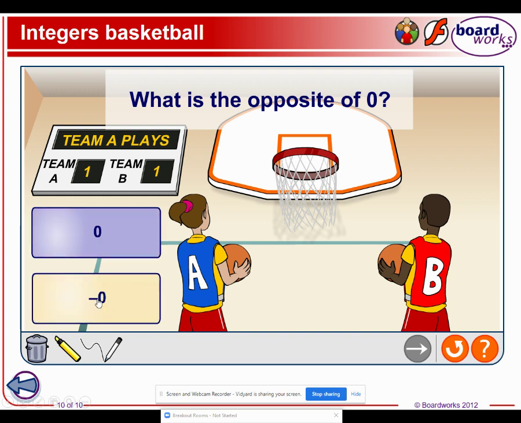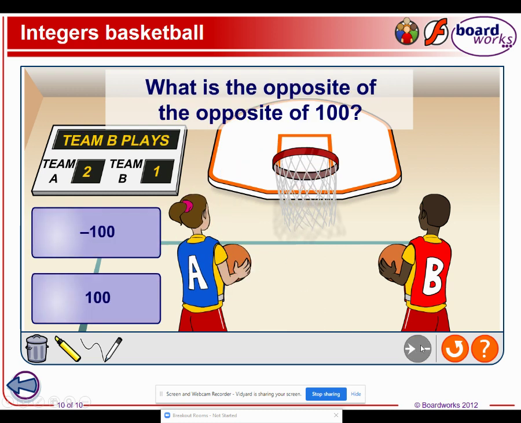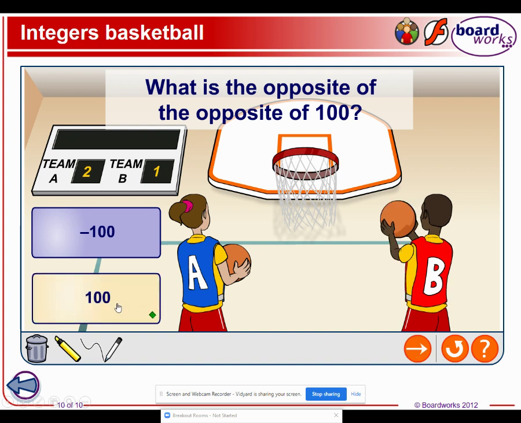There's no such thing as negative 0, so the opposite of 0 is just 0. What is the opposite of 100? The opposite of 100 is negative 100, and then the opposite of that would be 100.